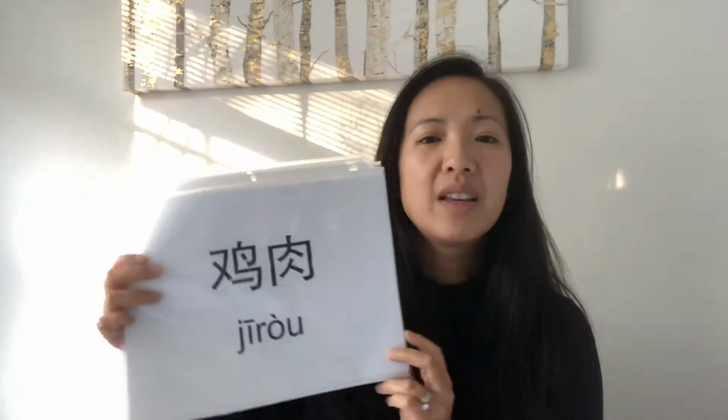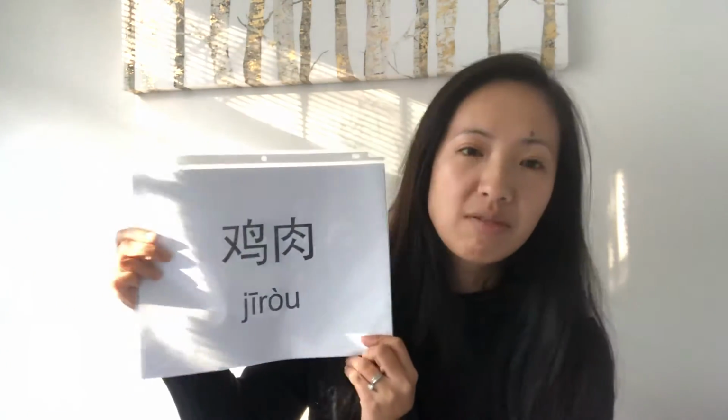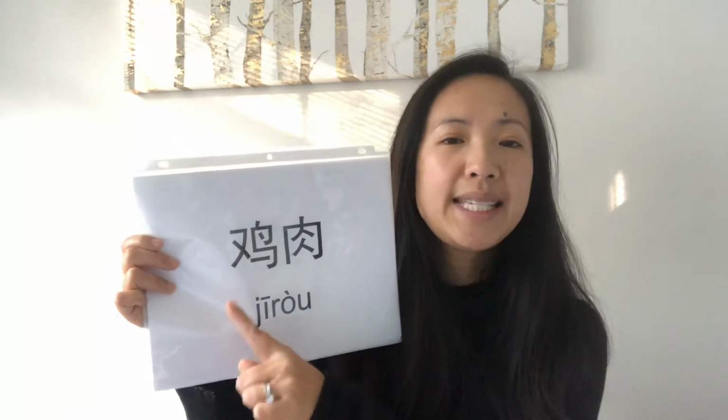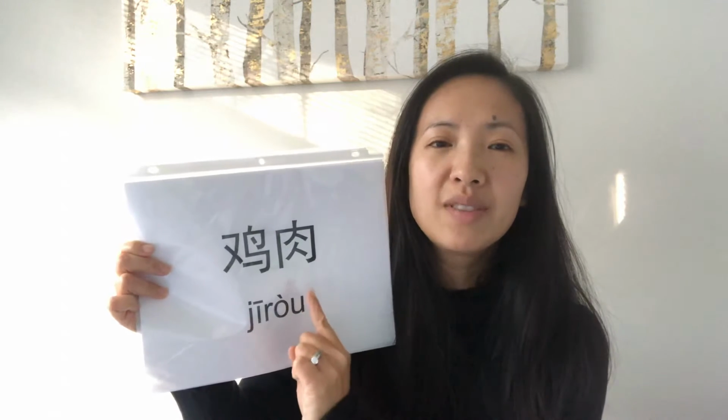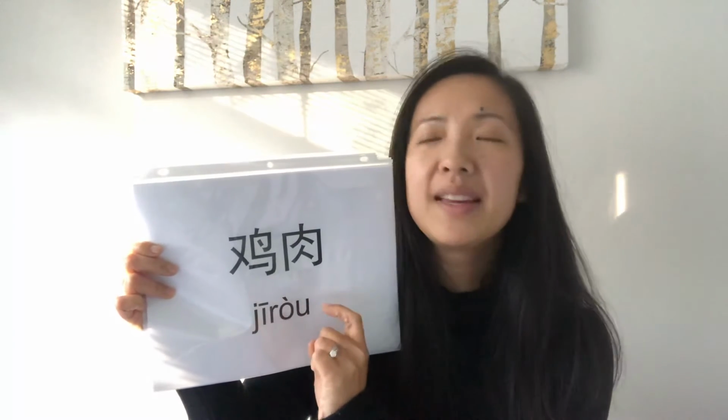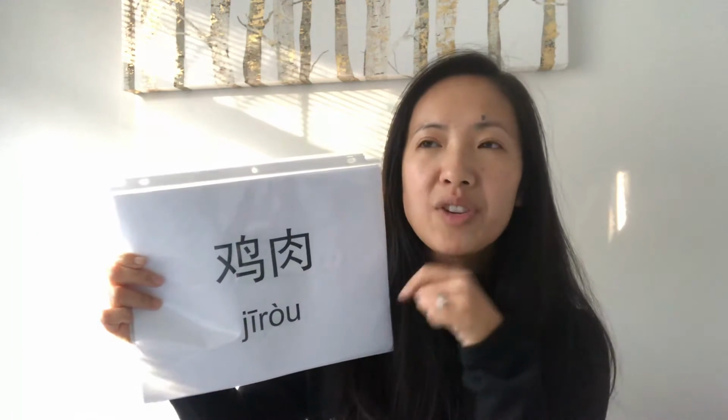Okay, so the next one we have is 鸡肉. Can you say that? 鸡肉. And this 肉, remember we talked about it in the beef, just talks about meat. But the way you pronounce it, it's almost like a ZR. When you're saying R, but you kind of roll your tongue a little bit.